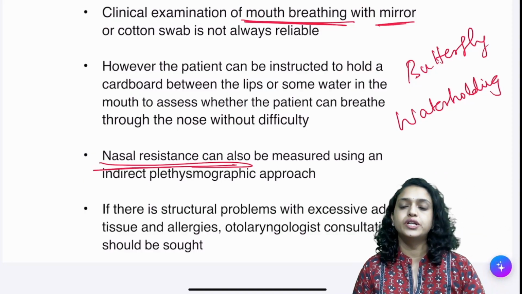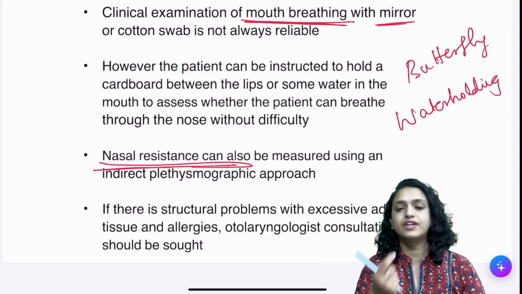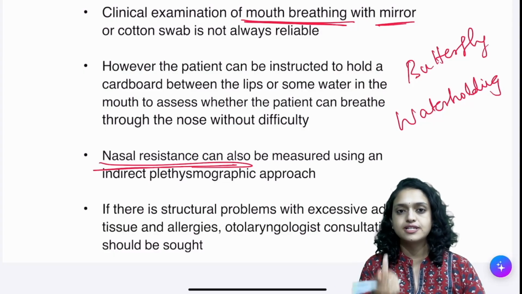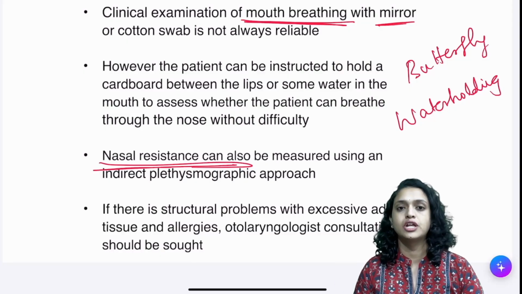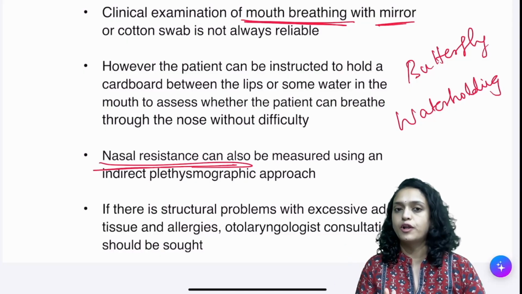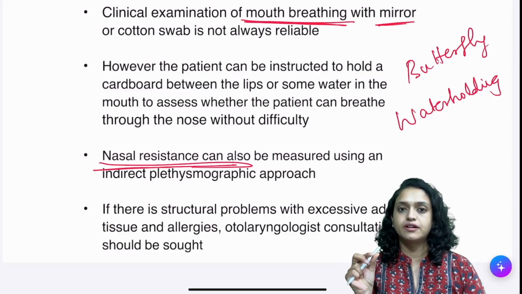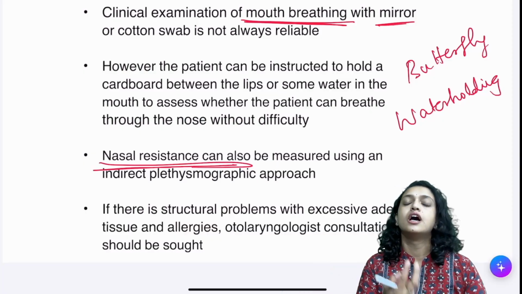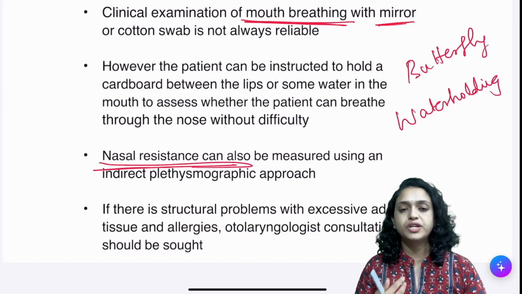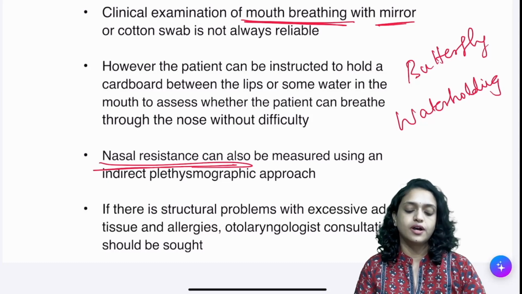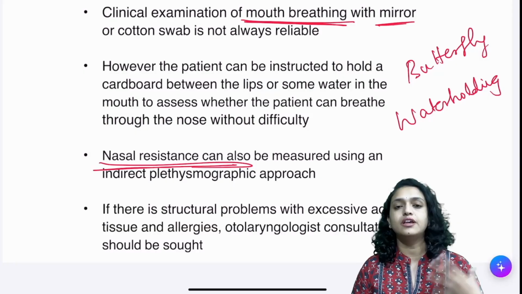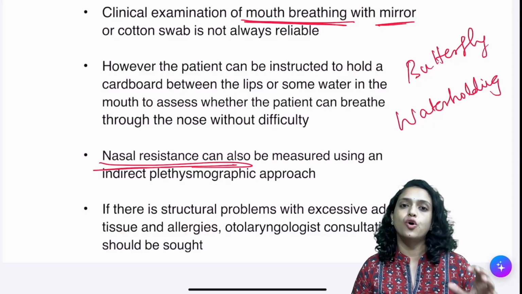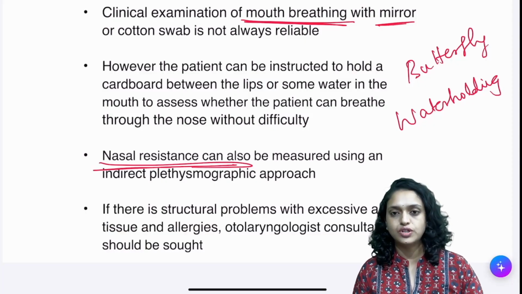We can go to an otolaryngologist and assess if there are any structural deformities in the nose, any septal deviation, or any nasal polyp or inflamed inferior turbinate that could cause nasal resistance and prompt the patient to breathe through the mouth. The nasal resistance test is the final method in which you can exactly compute how much the patient is breathing through the nose or the mouth.